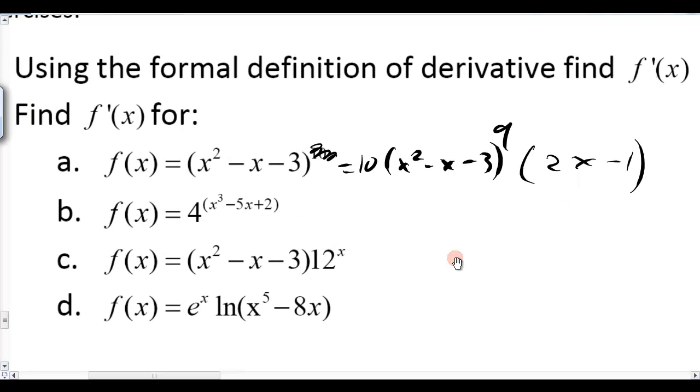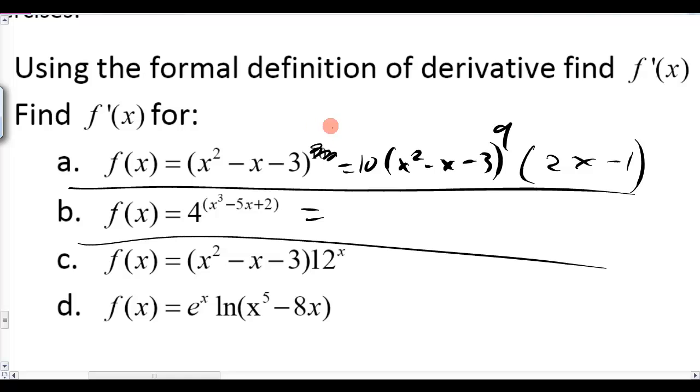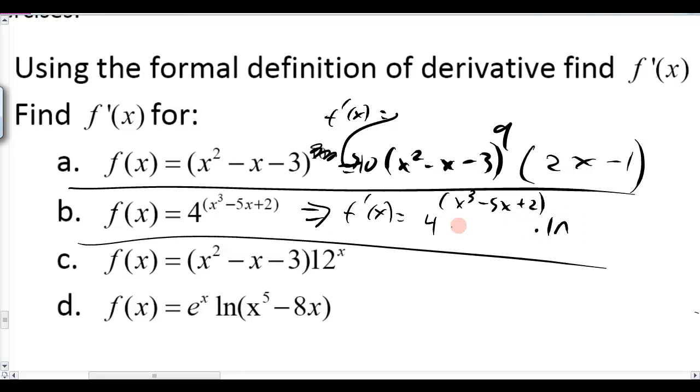This is an exponential function. The derivative of an exponential function is one of the rules you need to know. I apologize for my notation right here, I should have f prime of x equals right here. F prime of x is equal to, well, the exponential function says, whatever the exponential function is, just rewrite it. Then multiply by the natural log of the base, so it's natural log of 4.